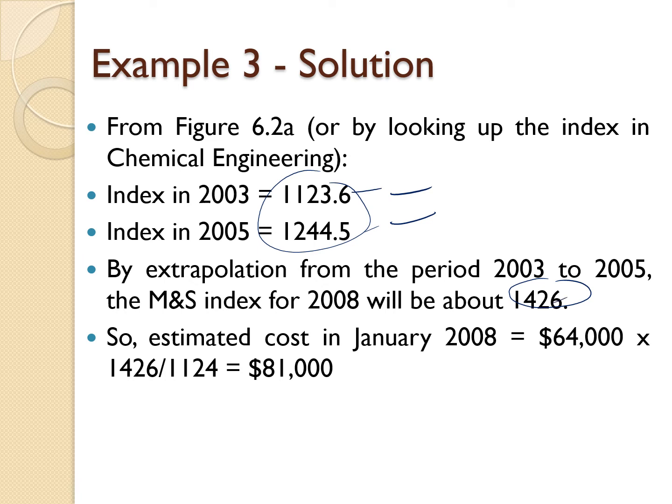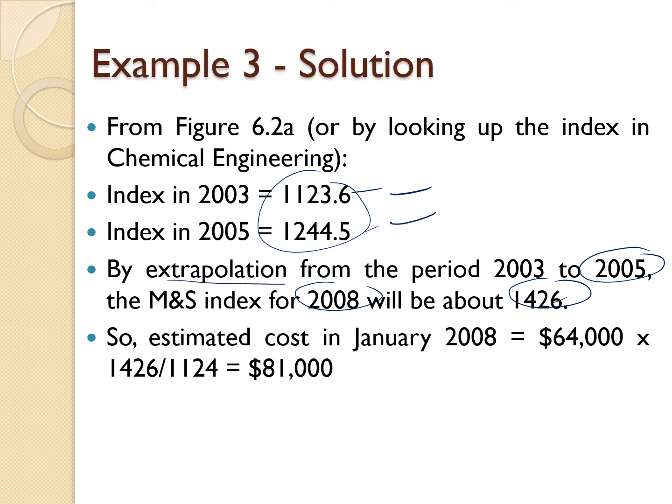Try to look at the graph and see whether you can get the same value or not. Like what I said before, the graph only shows you until 2005, right? So in order to know the index for 2008, you may do the extrapolation.